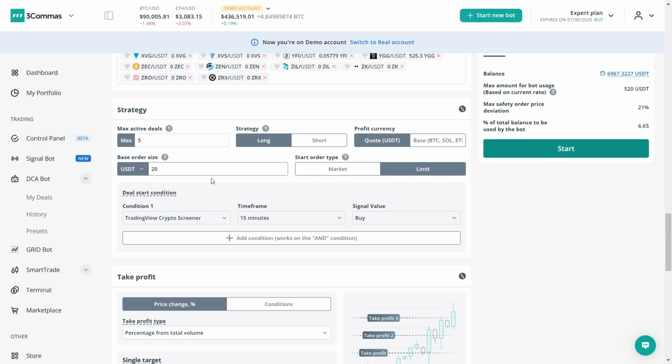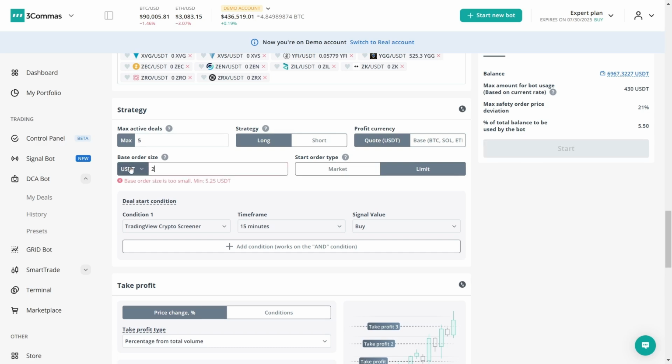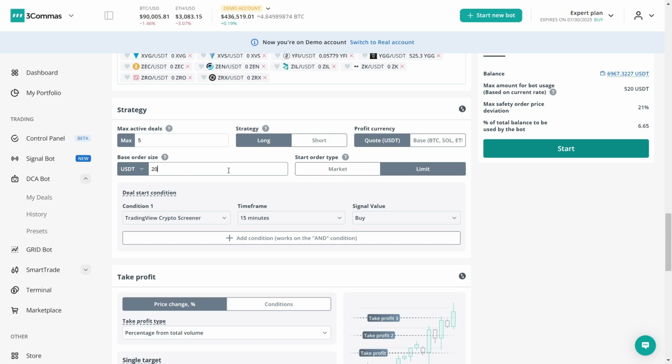Okay, so your stop loss order will not get filled and you will have problems. So I suggest you use at least 50% above the minimum. That means in this case set $7.50 as minimum. Okay, but for the sake of this demonstration, I will keep the 20 USDT as the minimum.